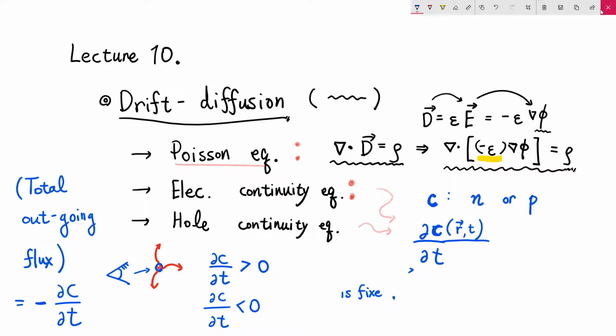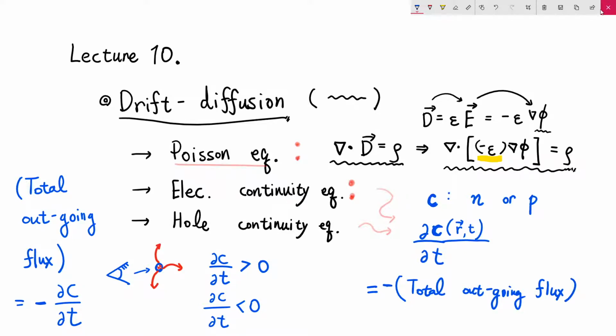So simply speaking, I wanted to write it down in this way. The general form of the continuity equation should be written as partial C over partial t equal to minus the total outgoing flux.